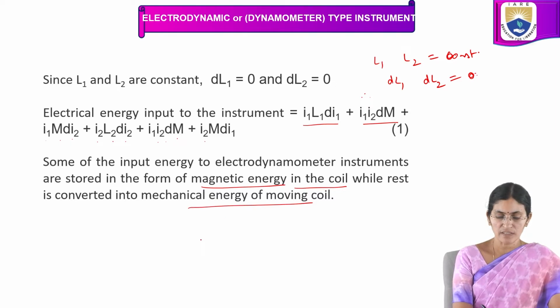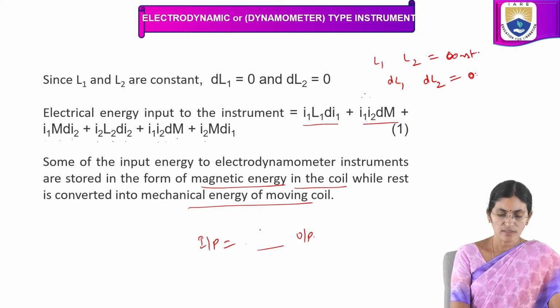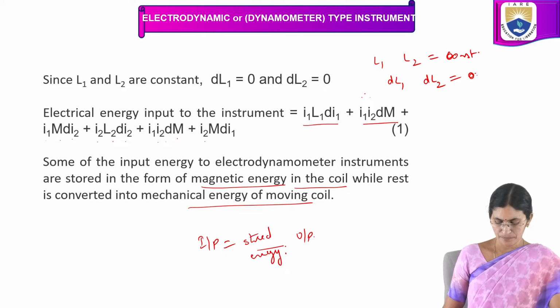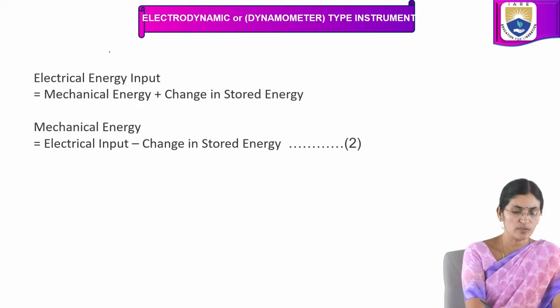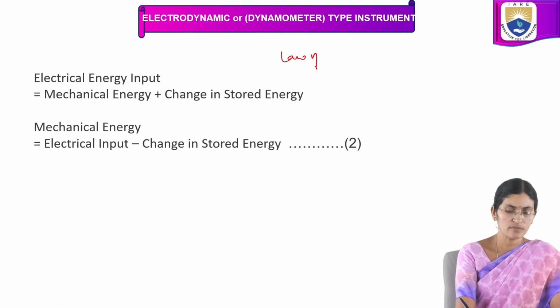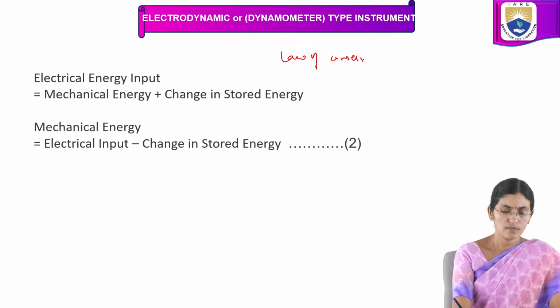The input we give here is electrical and the output we get is mechanical energy, but the whole of the energy is not converted to mechanical energy; some part of it is stored as energy in the form of a magnetic field. So we can write this equation according to the law of conservation of energy.